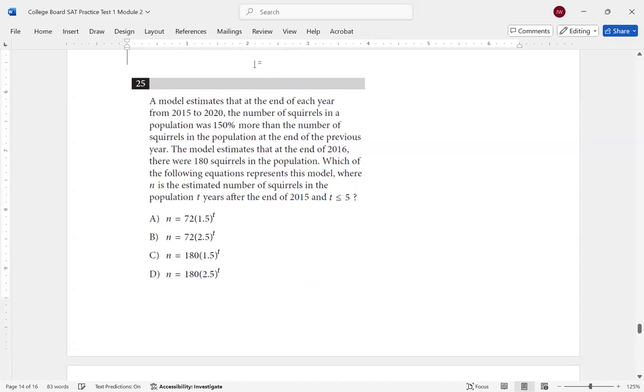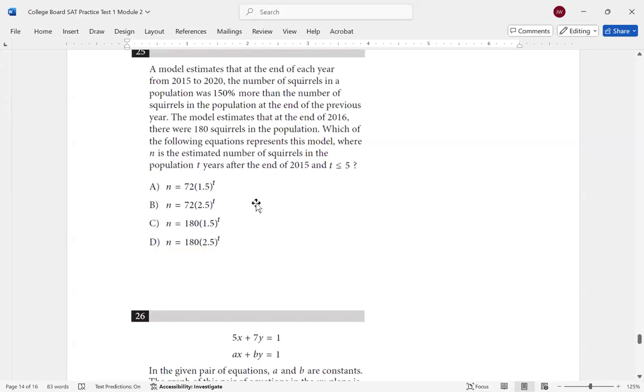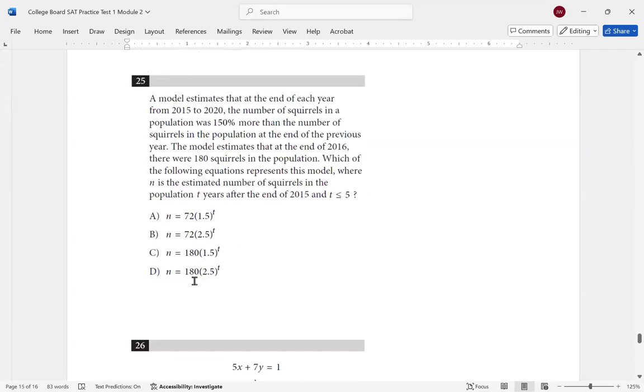Let's do problem number 25. It says a model estimates that at the end of each year from 2015 to 2020, the number of squirrels in a population was 150% more than the number of squirrels in the population at the end of the previous year. So we have exponential growth.